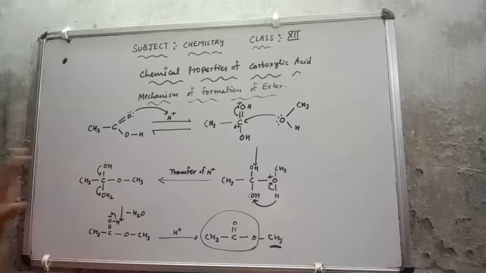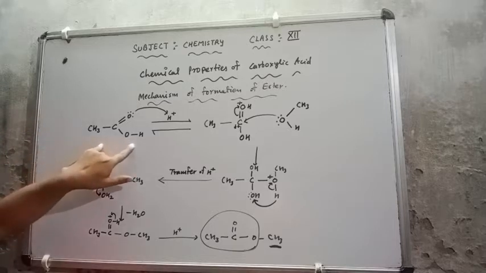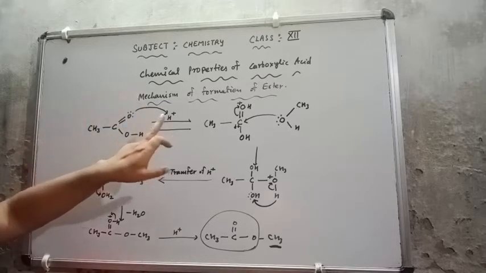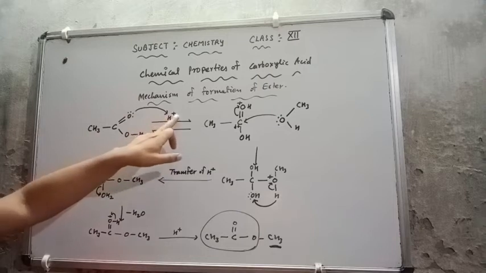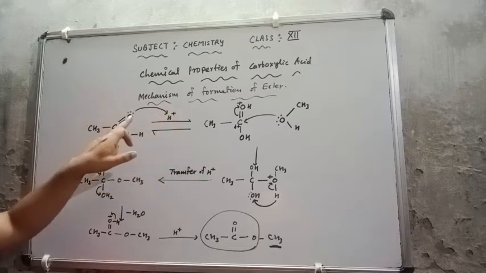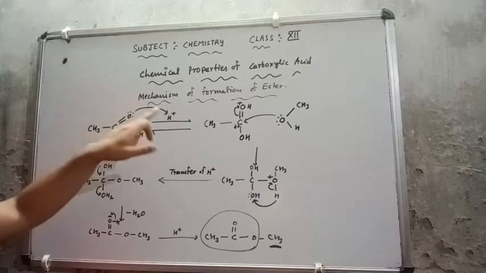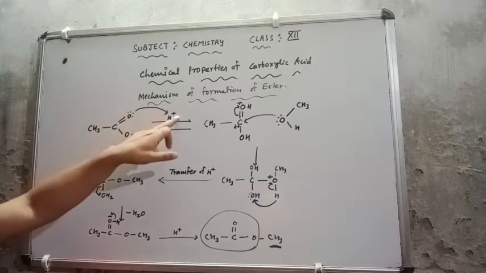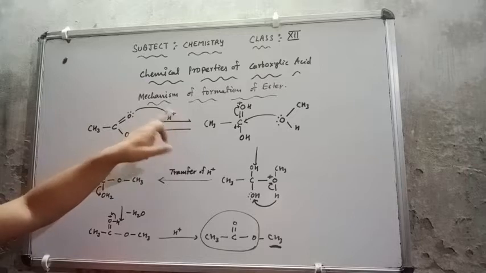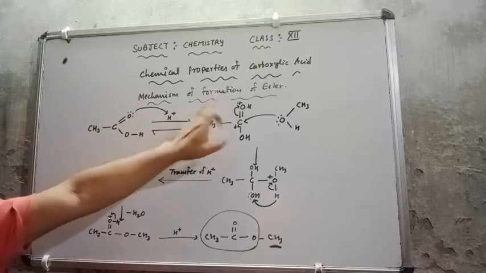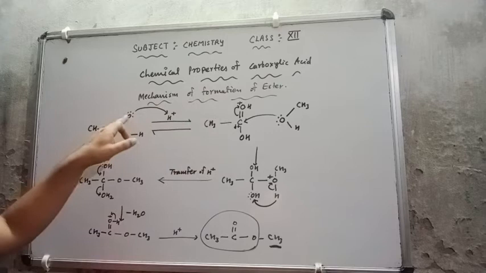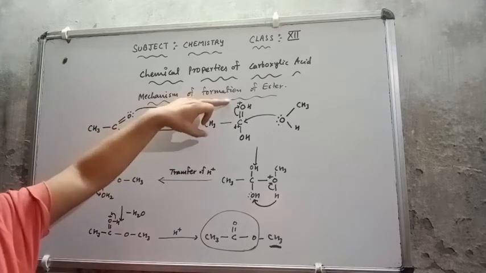Again I will discuss this with you. This is the carboxylic acid. In the presence of acid, I will take H positive here. Oxygen has a lone pair, so this lone pair will give the electron to this hydrogen ion, so this hydrogen ion will be attached to this oxygen, giving OH. Now oxygen has given the electron, so that is why there is a positive charge.